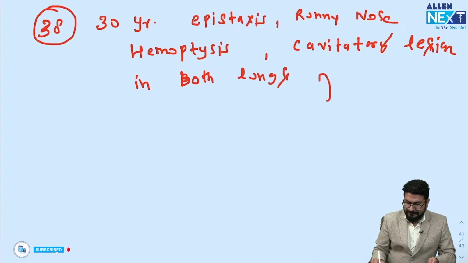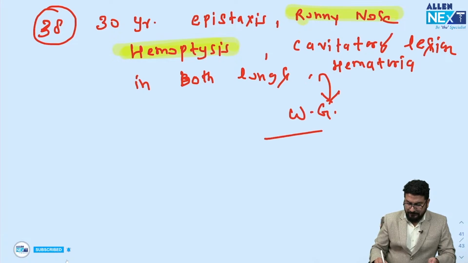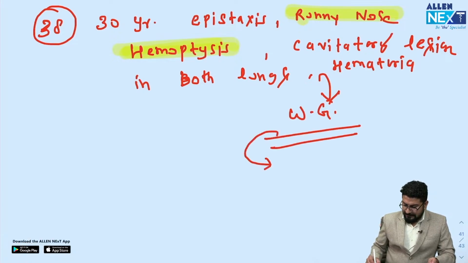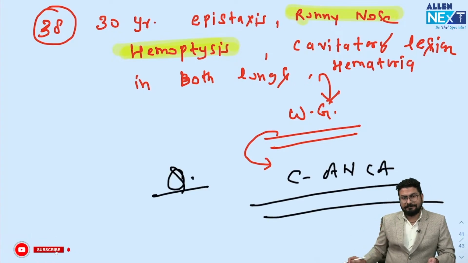So understand this. It is URTI, it is LRTI, and one more thing is mentioned, hematuria. So URTI, LRTI, hematuria, these are features that we see in a patient with Wegener's granulomatosis. And for Wegener's, the question was asked, what is the name of the antibody? It was C-ANCA. So remember, in Wegener's, the antibody that we use is C-ANCA.